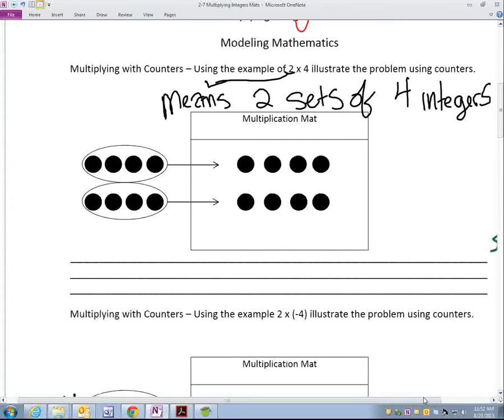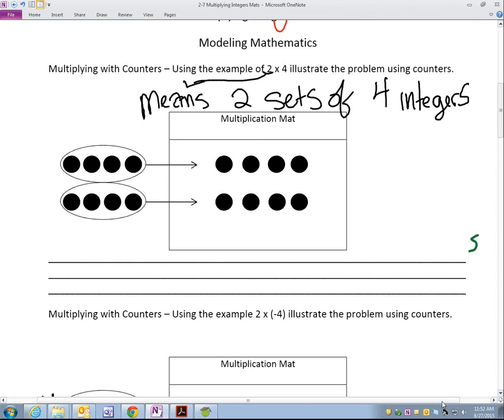Do you agree that that's math? It is continuous addition of groups. 2 sets of 4 integers, or 2 groups of 4 integers. And that's what's illustrated here for the first one.